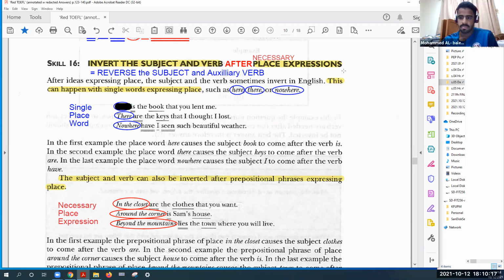Okay, Mohammed Al-Baladi, can you read the first one without the single place word? Is the book that you lent me? How does that sound? Question. Is the book? No. There is something wrong.